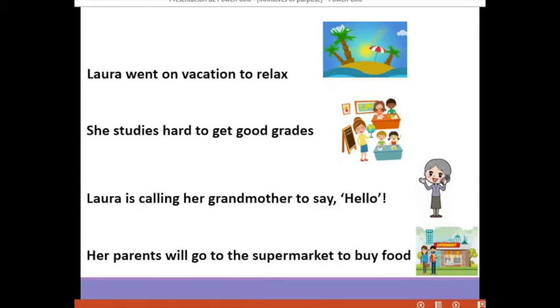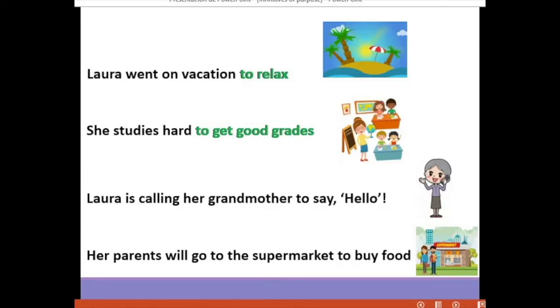Why did Laura go on vacation? Laura went on vacation to relax. Why does Laura study hard? Laura studies hard to get good grades.